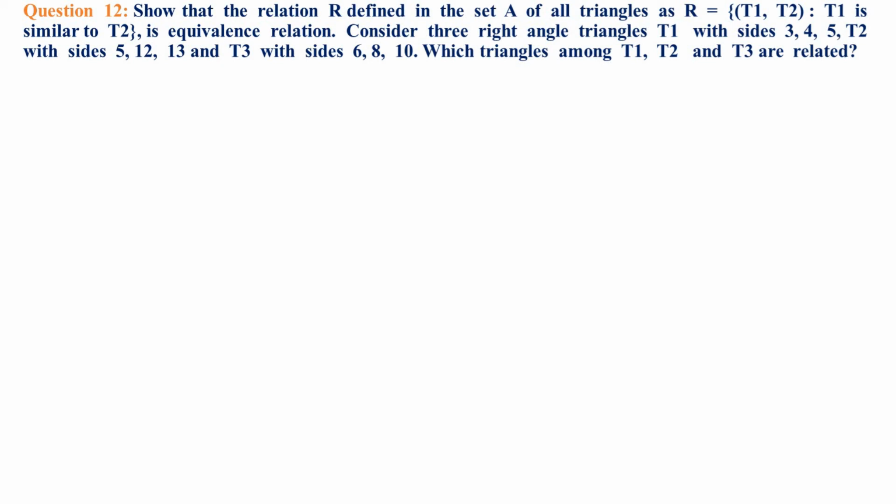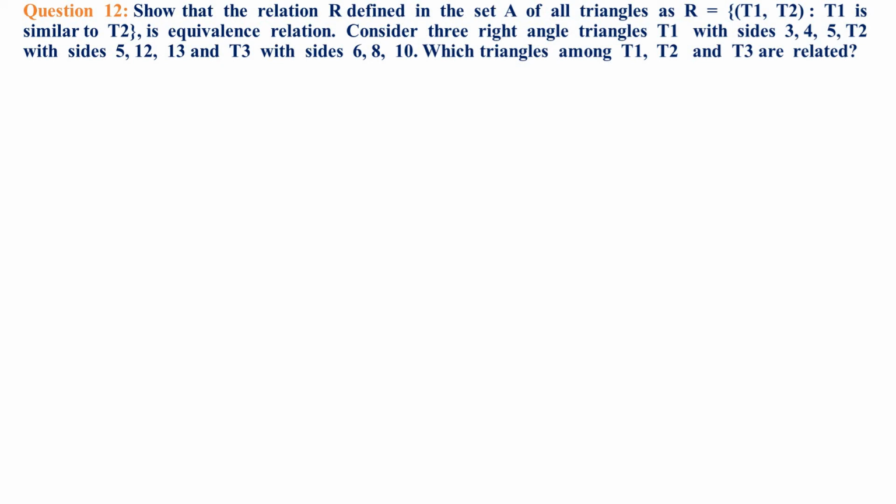Consider three right triangles: T1 with sides 3, 4, 5, triangle T2 with sides 5, 12, 13, and triangle T3 with sides 6, 8, 10. Which triangles among T1, T2 and T3 are related?